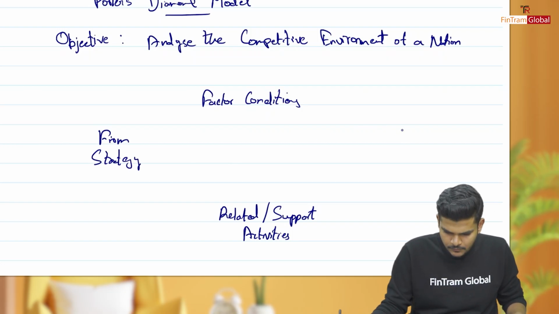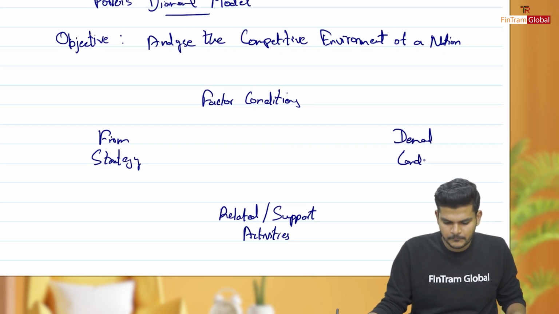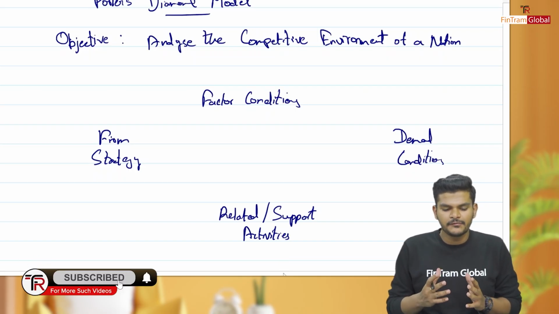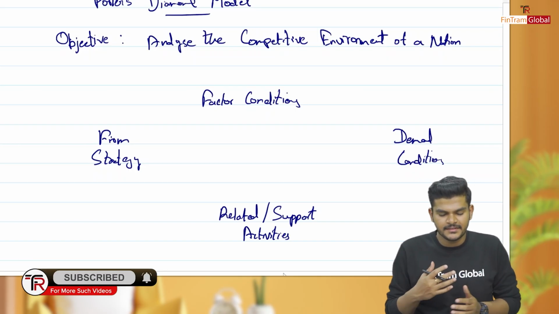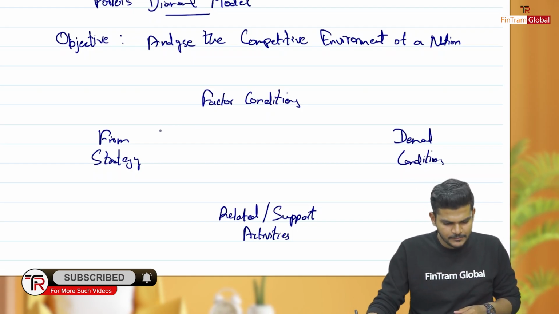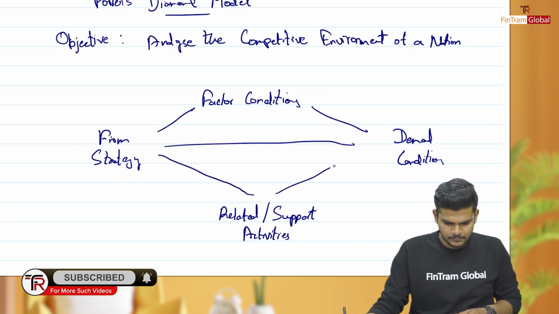And then demand conditions as well. All right, so these are the 4 factors which can influence the competitive advantage that an organization has within a particular nation. And why do we call it a diamond exactly? Well, you'll understand that when we draw the line, isn't it? Simple as that. Okay, folks.